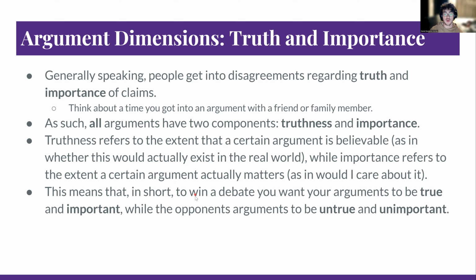This means that, in short, to win a debate, you would want your arguments to be both true and important, while you'd also want to prove that the other side's arguments are untrue and unimportant.